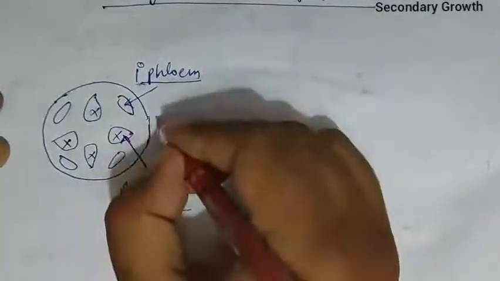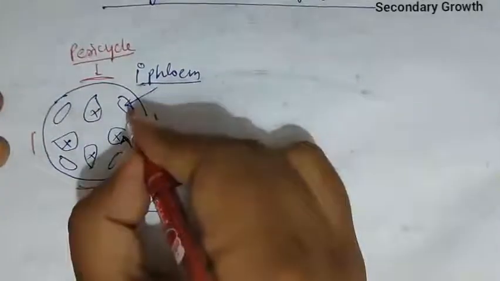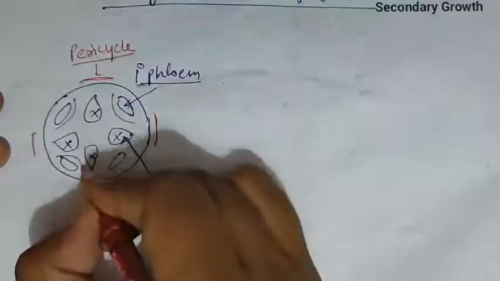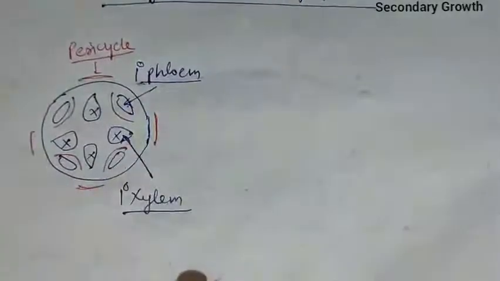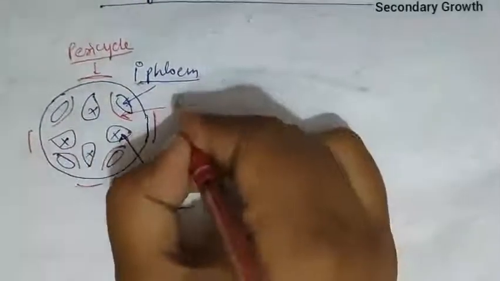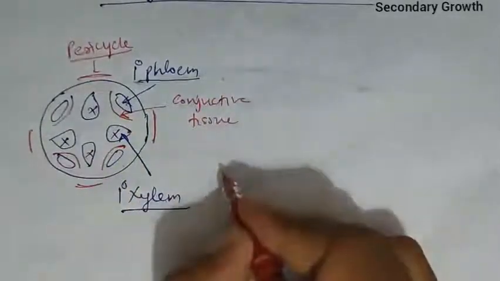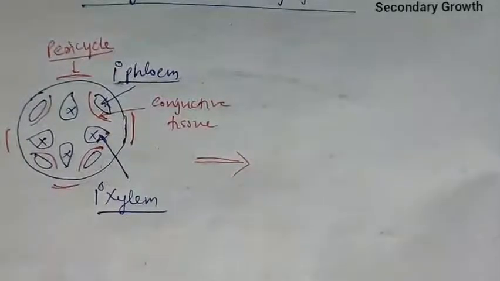So outside the protoxylem, pericycle will be present this side. So these are the cells of pericycle which are present outside the protoxylem, and cells of conjunctive tissue just present inner to primary phloem. So primary phloem is this, and here conjunctive tissue you will find. So if fusion of all this occurs, conjunctive tissue and this pericycle cell, then the diagram looks something this way.